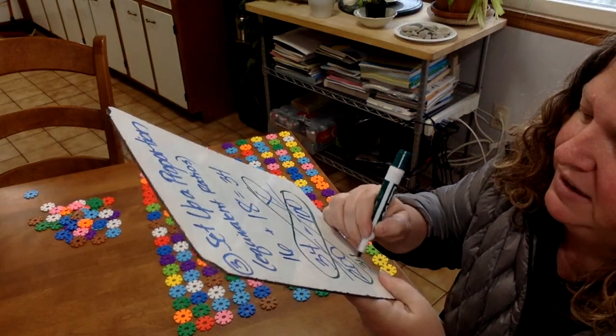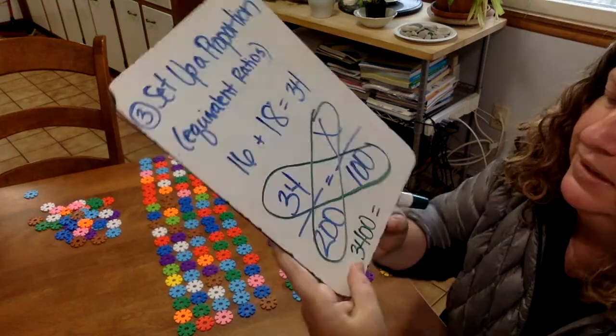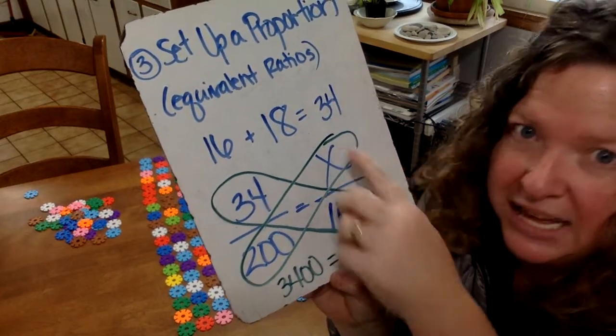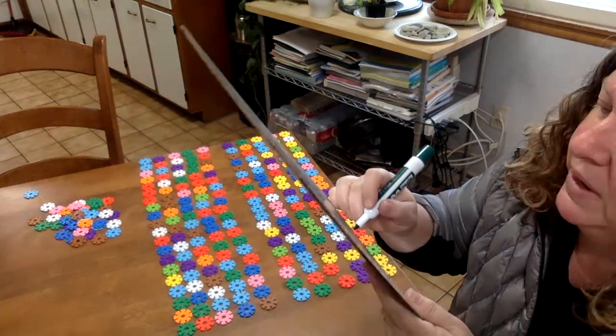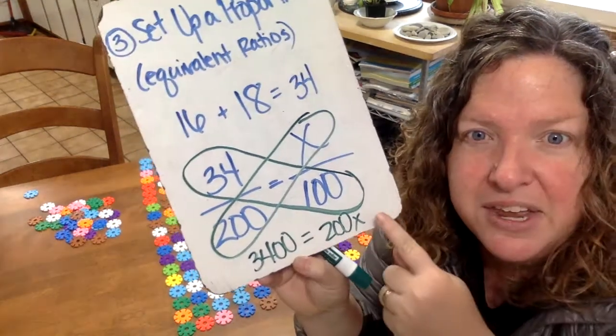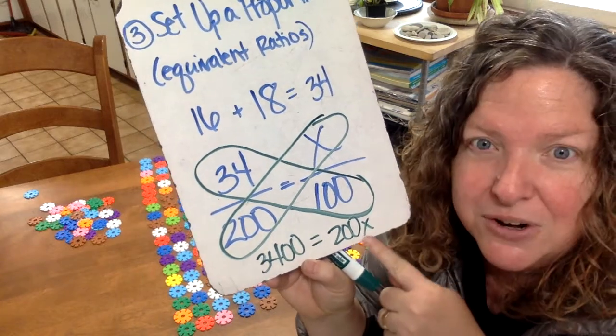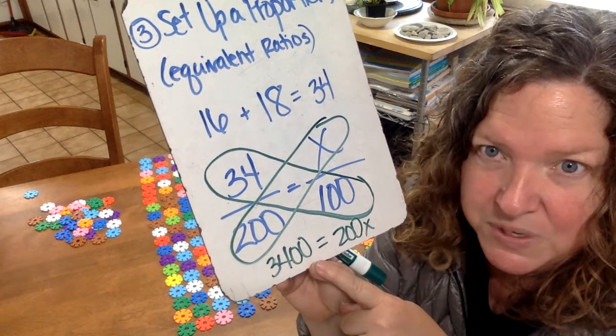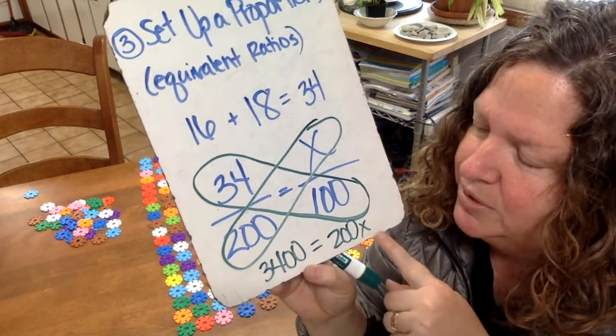So one side of the equation is 3400. The other side is 200 times X. I'm just going to write 200x because I know that in between a number and a letter, there's an invisible multiplication sign. So now I have 3400 on one side equals 200x.